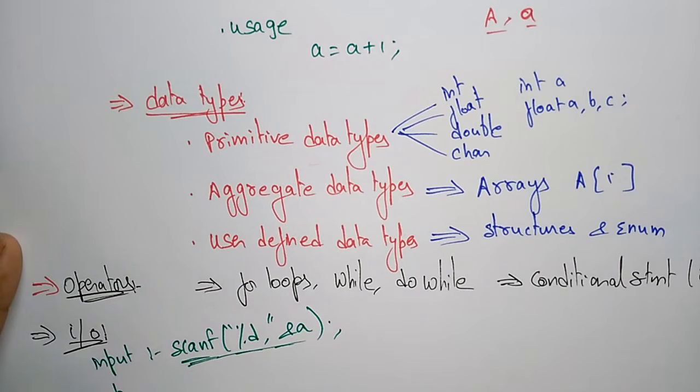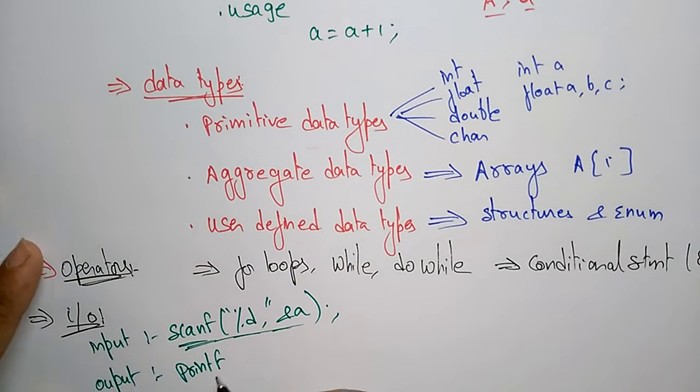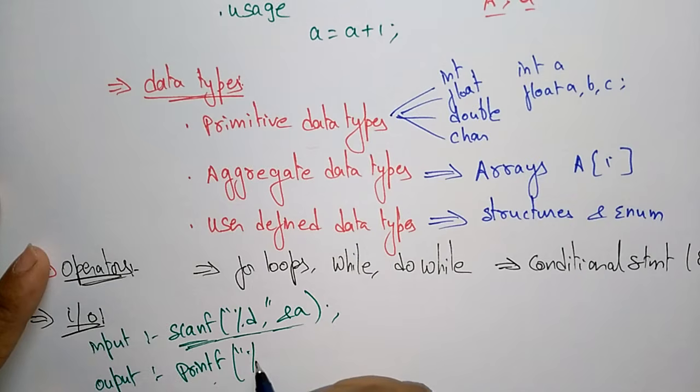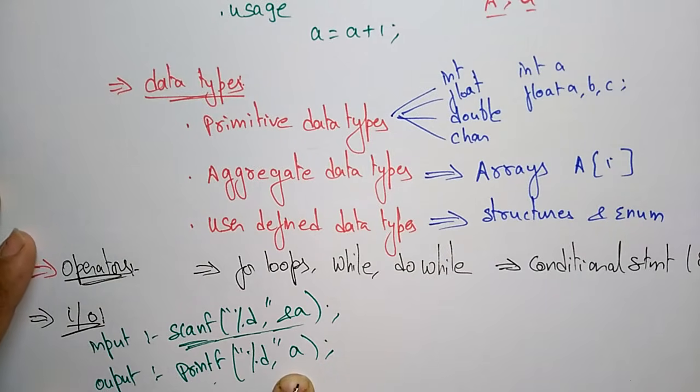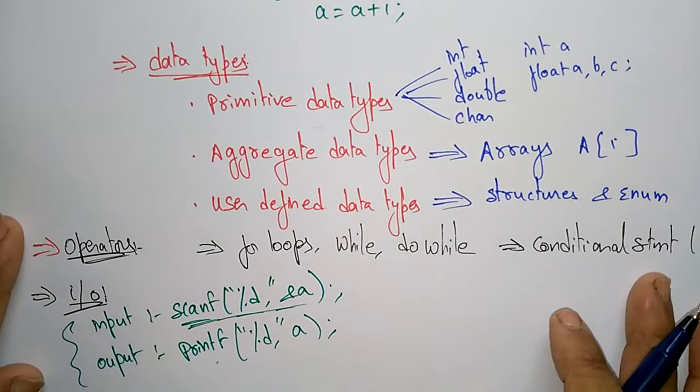Output is writing the value on the screen, which you do with printf. Printf is for output. Printf %d, and you just write a. So it prints whatever value variable a contains. So these are the input output operations.